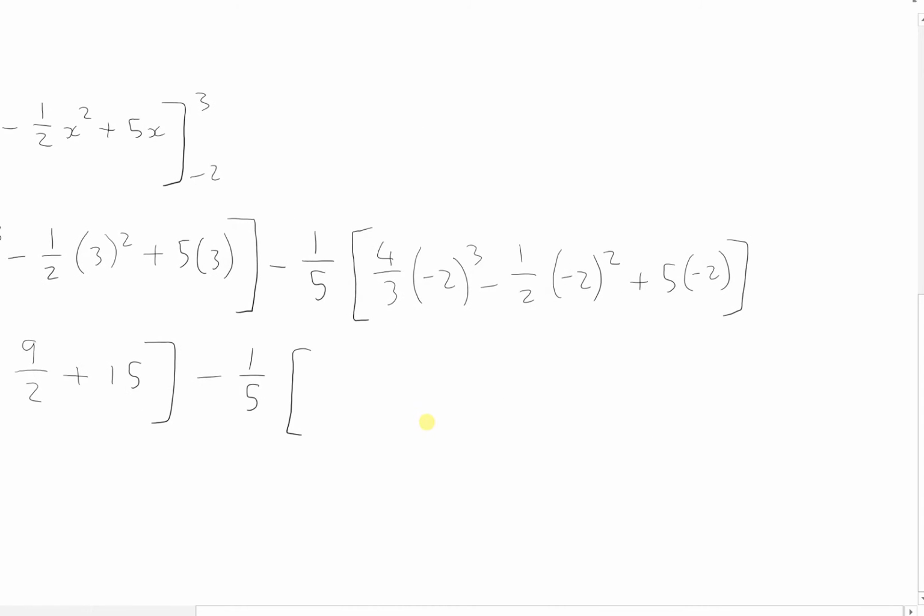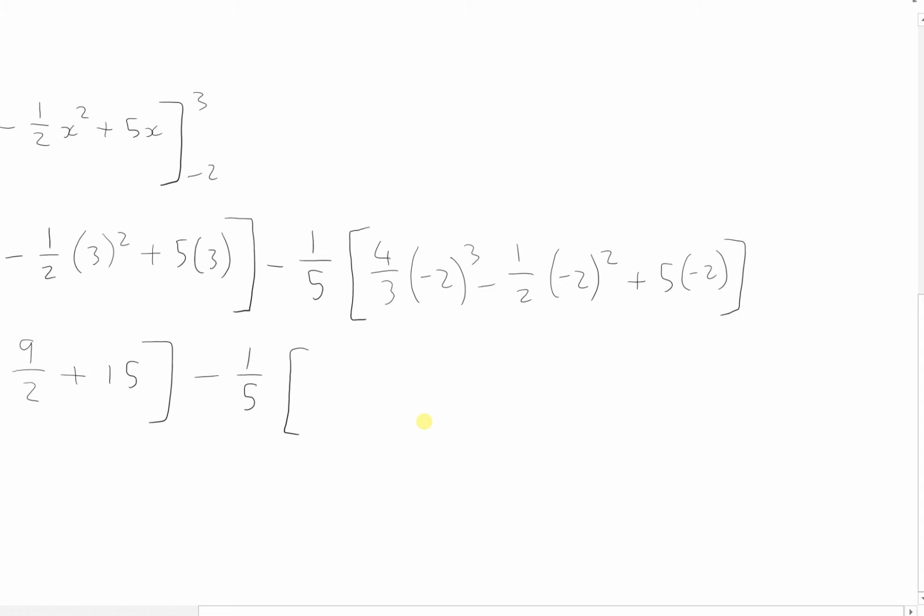And over here I have -2 to the third power, which is just -8, so be careful about that. We multiply -8 by 4, which is -32 over 3, minus, now negative 2 squared is positive 4, so 4 times 1/2 is basically 2, plus, oh, be careful, minus, because this is a negative here.